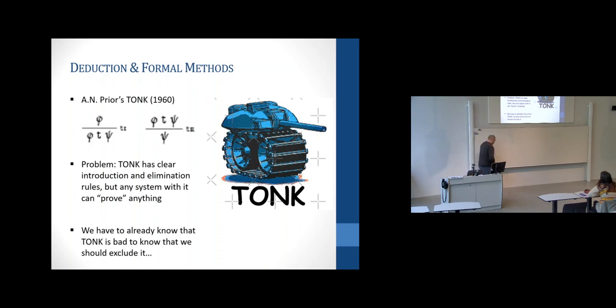So here's the problem with this kind of idea. Arthur Prior's tonk. Tonk is a very stupid connective, but it's magic. Tonk says, hey, if you start off with any sentence P, you can tonk it to get P tonk Q, for any sentence Q. So from P, you can get P tonk Q by an application of tonk introduction.